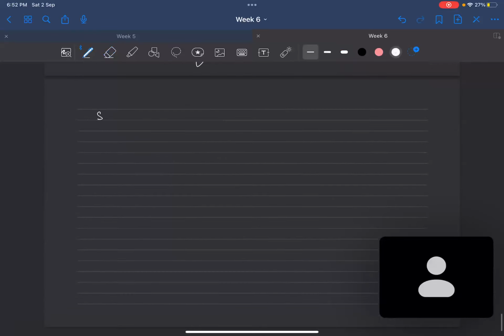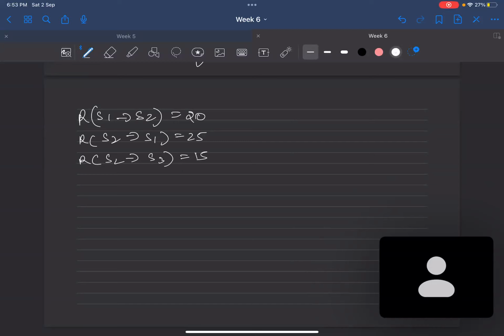Simply take the reward from S1 to S2 is 20. Reward from S2 to S1 is 25. Reward from S2 to S3 is 15. S3 to S2 is 10. S1 to S3 is 18.